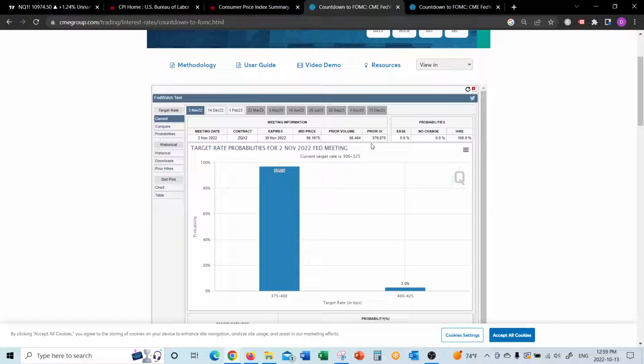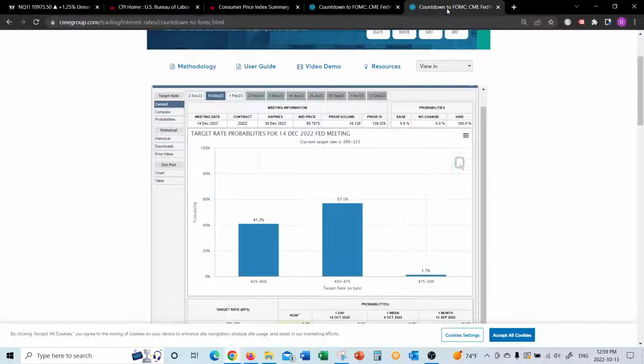Now, what's very interesting is after this report, we also see, and this will change as we approach December, as we get new data, more information, another CPI report, some jobs data as well. But if you notice, we are priced in for definitely a 50 basis point rate hike in December, but notice that 57% probability of another 75 basis point rate hike.